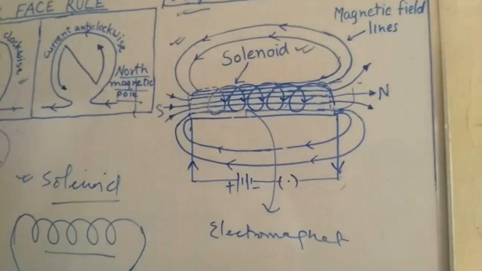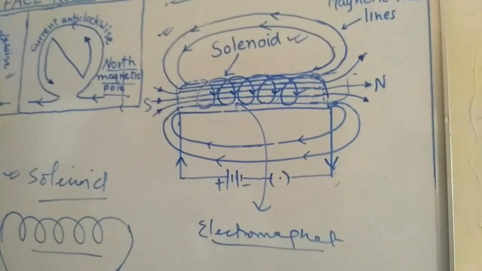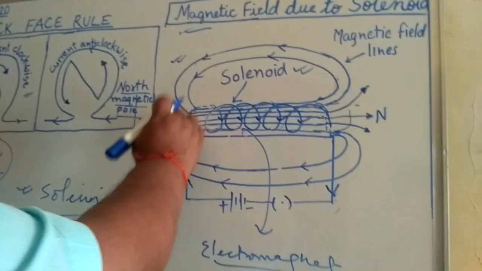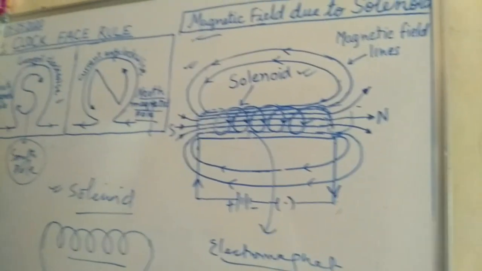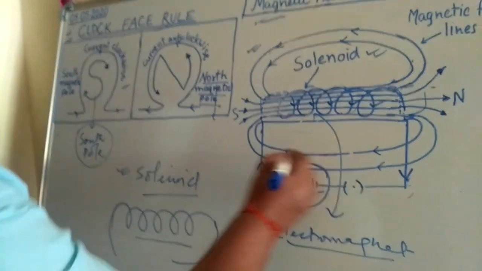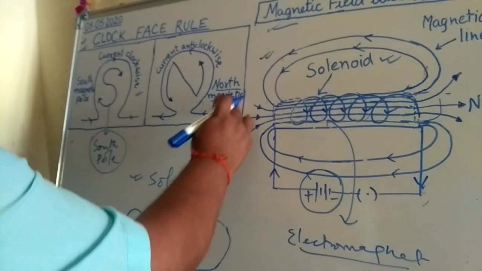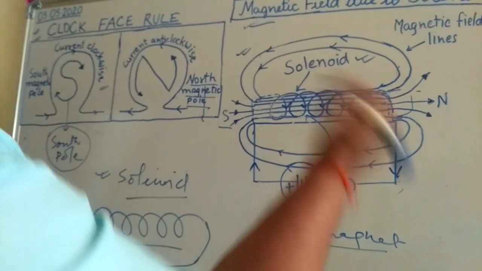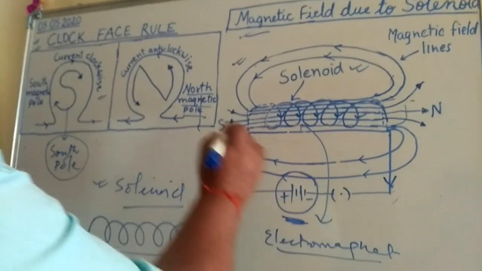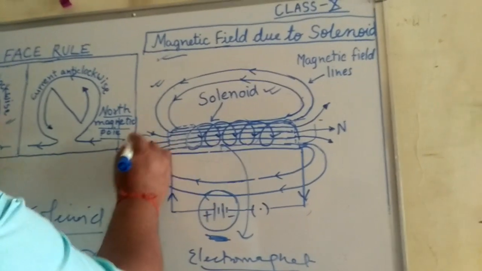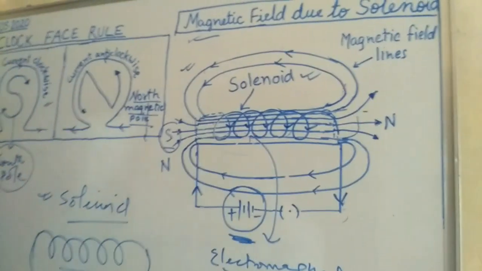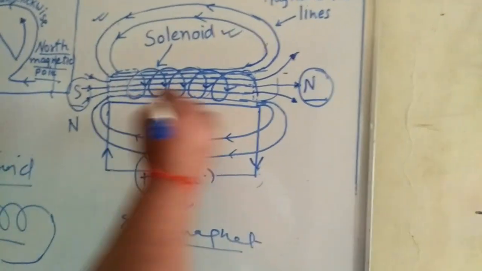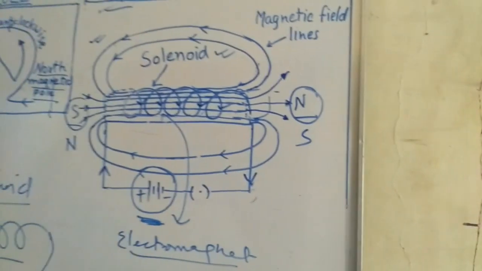In a solenoid, as in an electromagnet, we can change the polarity if we change the direction of the current. Sometimes it behaves like a south pole, but if we change the direction of the current, this south pole behaves like a north pole. Likewise, when it is a north pole and we change the direction of the current, it behaves like a south pole.